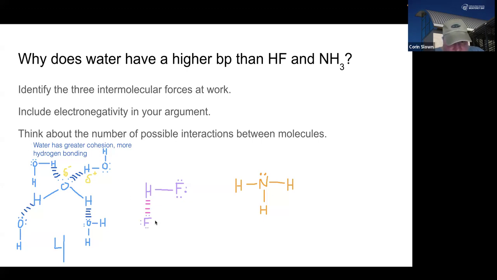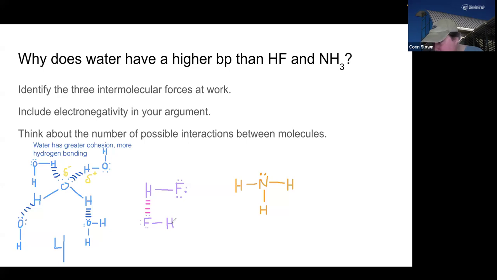Are there any other distinctions that we think are relevant as to why water has a higher BP than HF or NH3? We can think about the electronegativity differences.